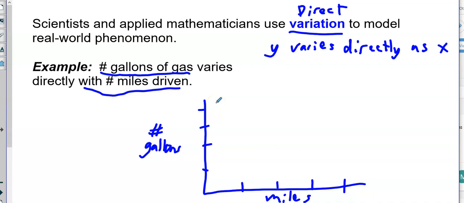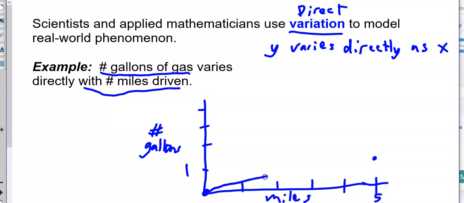So just for fun, let's say you go 5. You drive a Hummer or something here. Say you go 5 miles, and this is 1 gallon and 5 miles here. If you go 0 miles, by the way, you'll be right there.